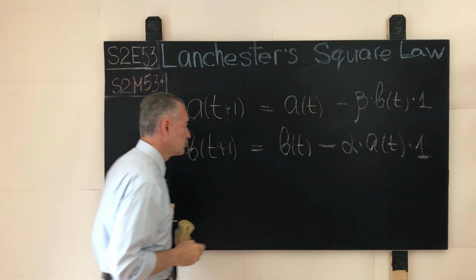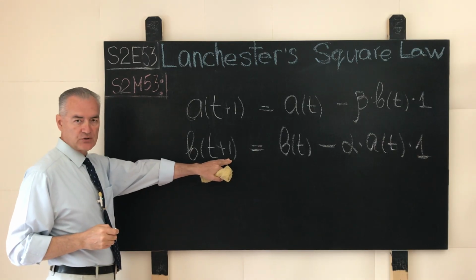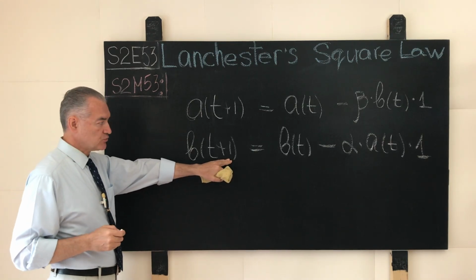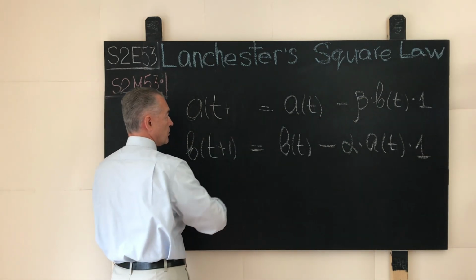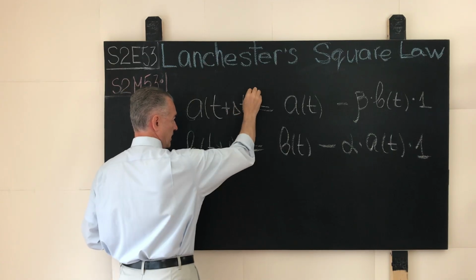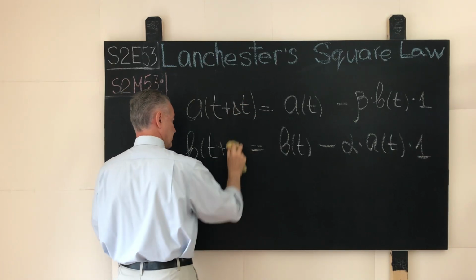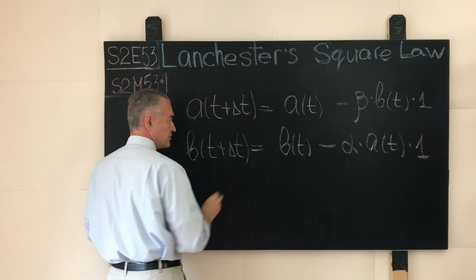And what do we do with the smallest increment over the set of whole numbers? Well, 1 becomes delta t. So exactly, instead of 1, we say t plus delta t, a small number that to some extent is arbitrary.